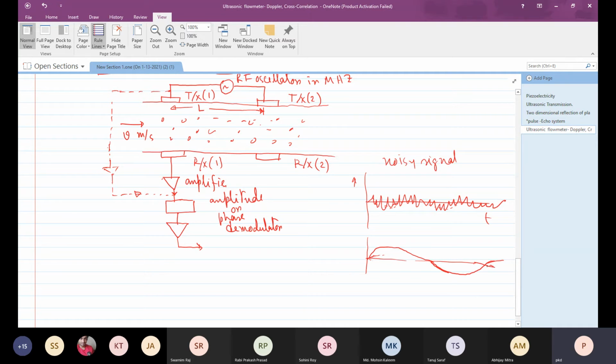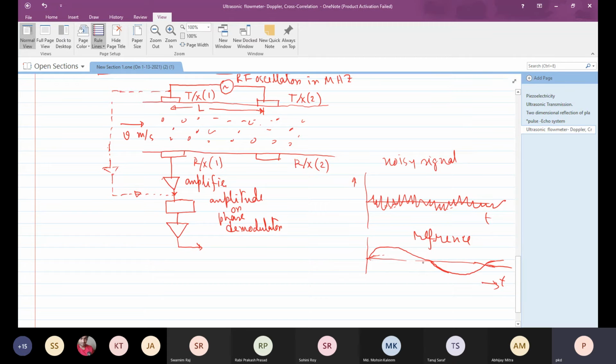So this is the reference. Now, if you multiply this one, which has a high amplitude, it can be a square wave as well, or sinusoidal. Generally, both options are present.